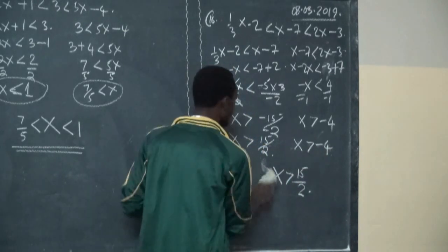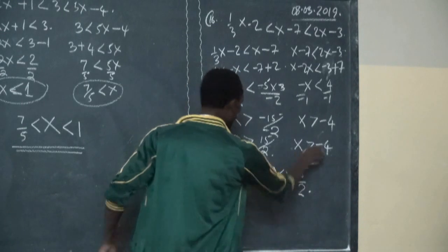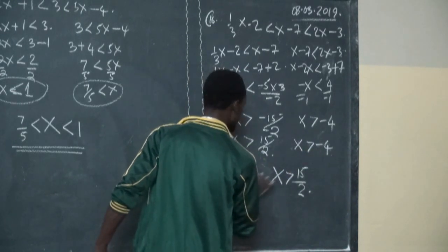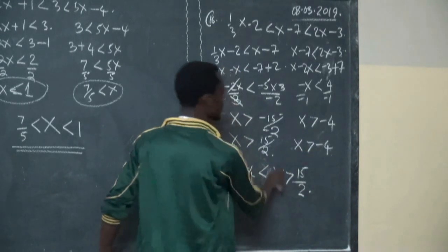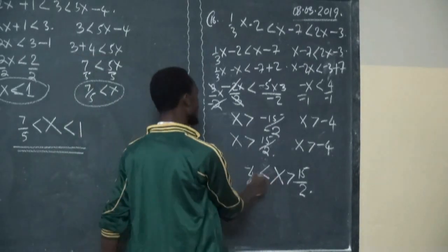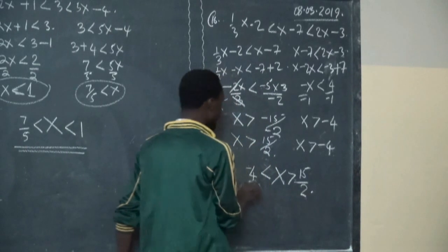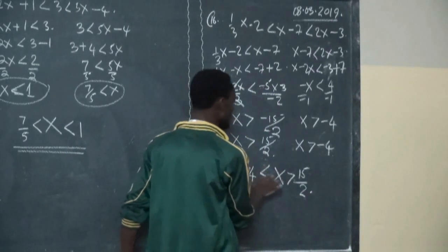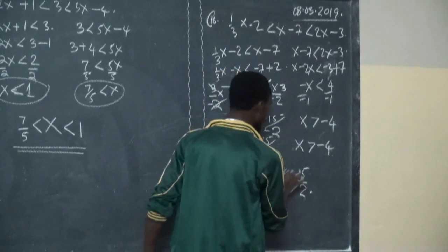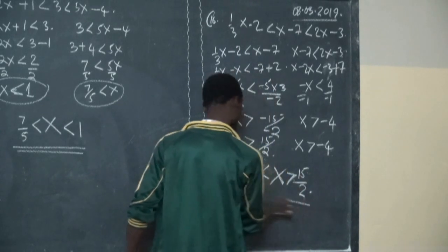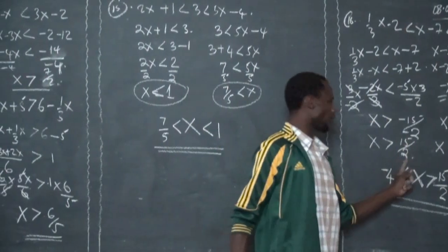Now you say negative 4 is less than x, because x is greater than negative 4 and x is greater than this one. Therefore we say negative 4 is less than x and x is greater than 15 over 2.